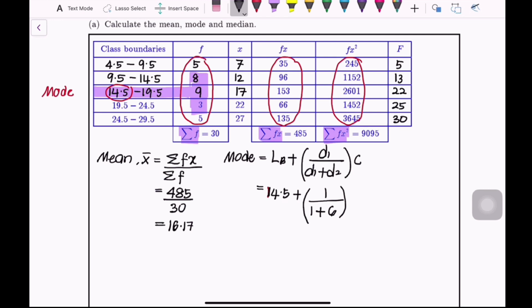Class width is determined by upper boundary minus lower boundary 14.5. So the answer for mode is equal to 15.21.